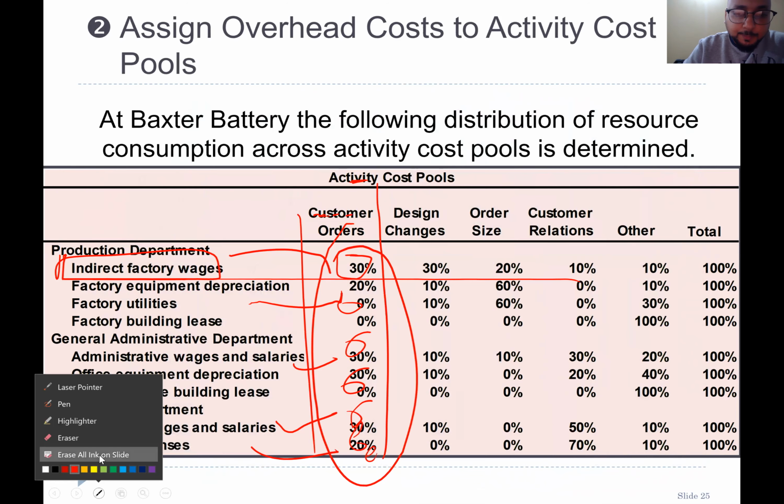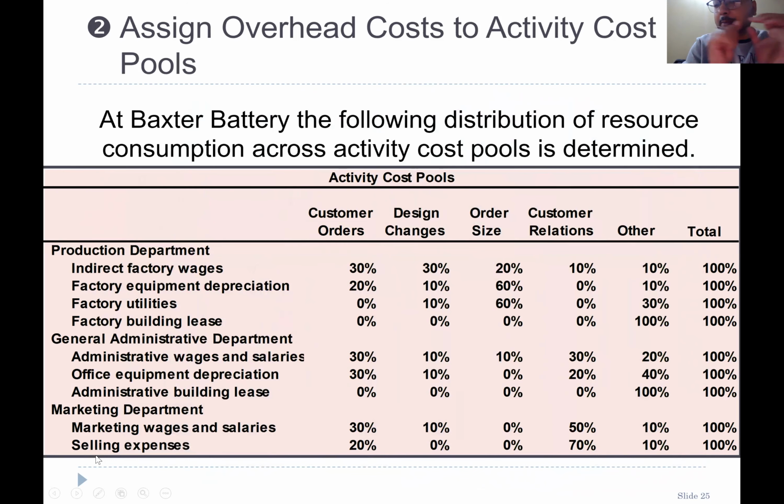Normally the ABC team calculates all these percentages. Let me explain what we have done in simple language. We categorize the manufacturing and non-manufacturing overhead based on activity.